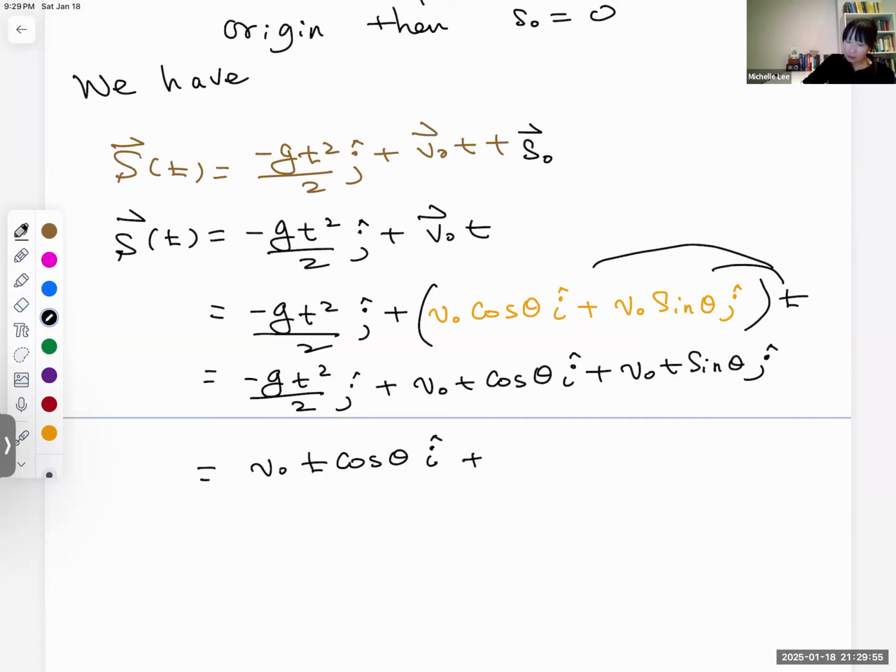and plus, which one first? The sine first. So V naught T sine theta minus 1/2 GT squared. And then we say that j hat, so component-wise, we arrange.